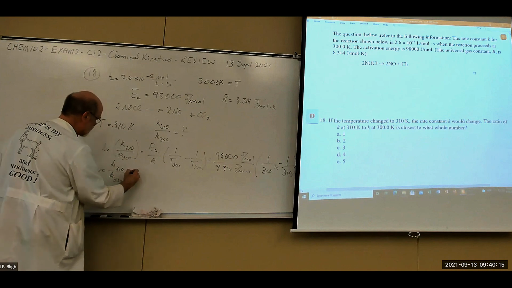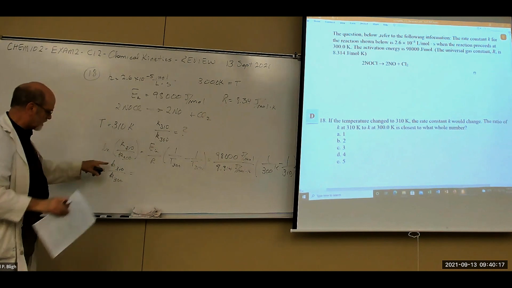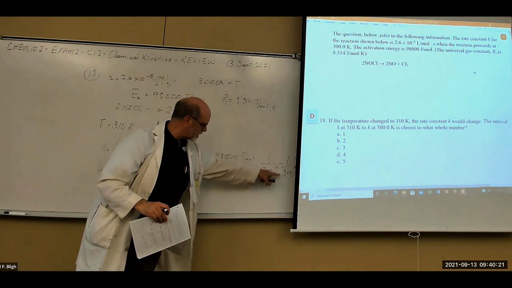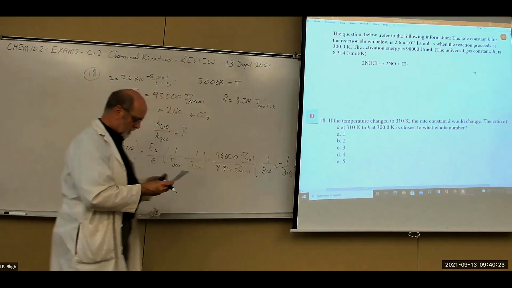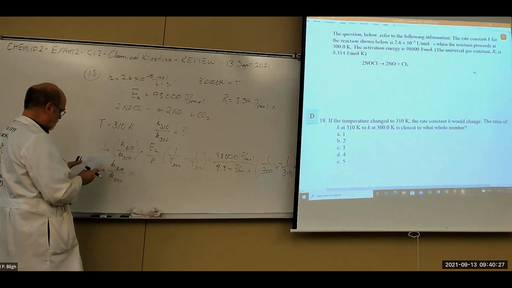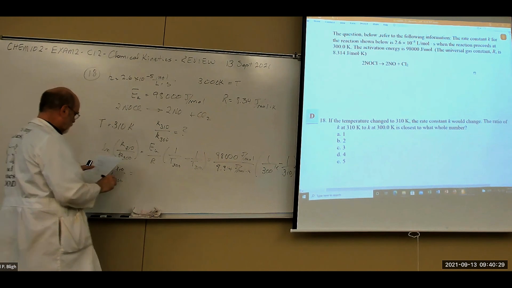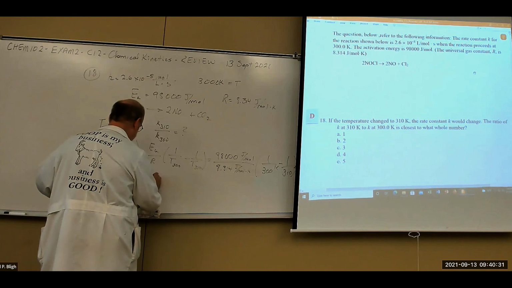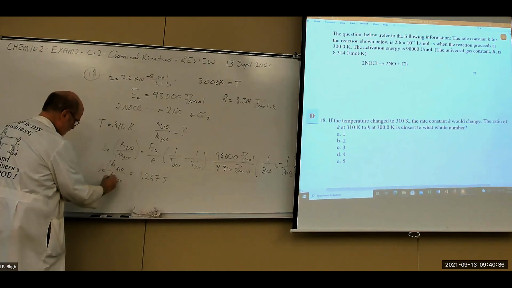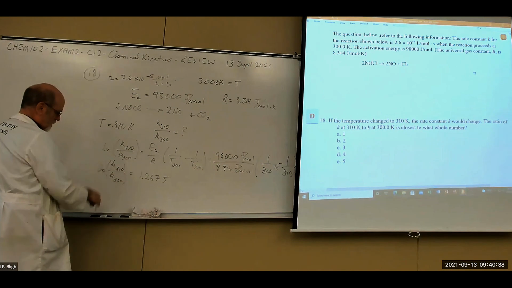What's the relationship? What's the ratio of K at the higher temperature to K at the lower temperature? And if we resolve this value in here, we get 1.2675. So how do we get this value?